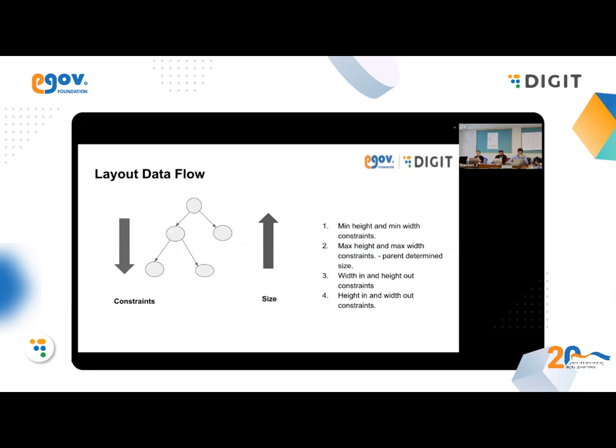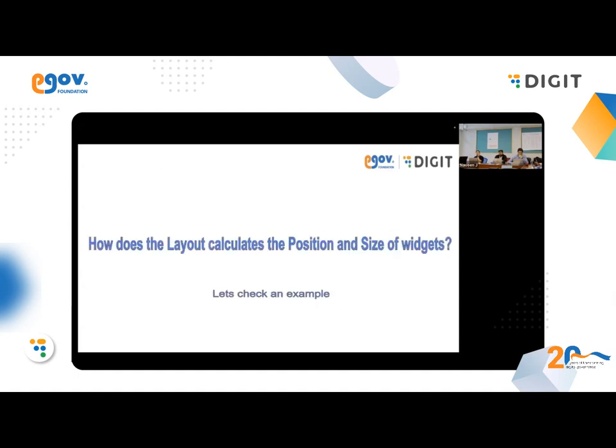We have multiple constraints such as minimum height, maximum height, minimum width, maximum width, and the width in height out or height in width out constraints. So we have a component, and the displaying of a component is nothing but layouting, and in layouting we want to calculate the size and position of a widget.